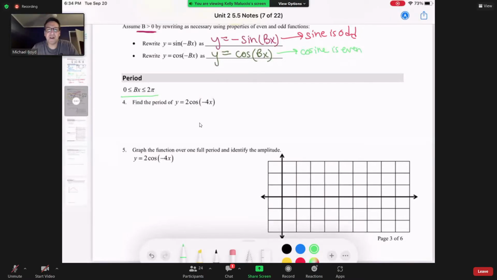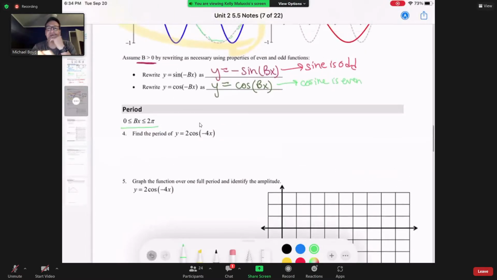Question, sorry. What is the point of this even and odd, mentioning that B must be greater than 0? Does that always have to be positive? So they're saying, assuming B was positive, what is y equals sine of negative bx?